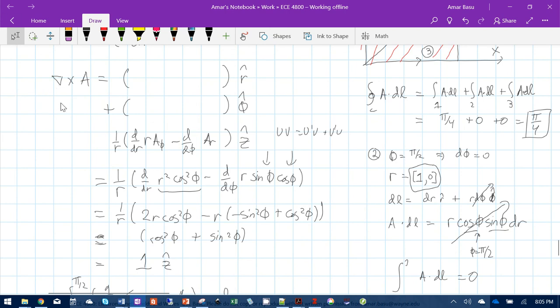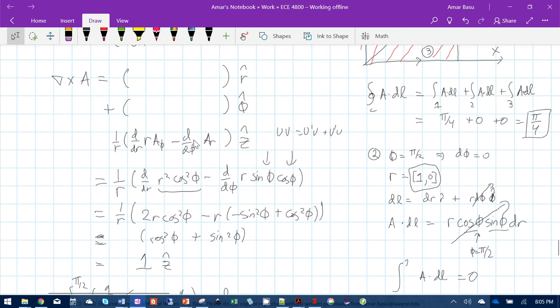So finding the del cross A, finding the curl in cylindrical coordinates involves this nice lengthy formula that you'll find in the notes in that table. I left these blank because it turns out that those parts of it are 0.